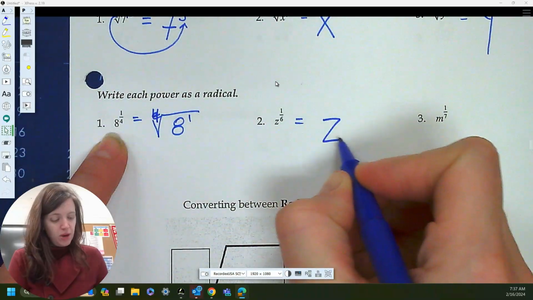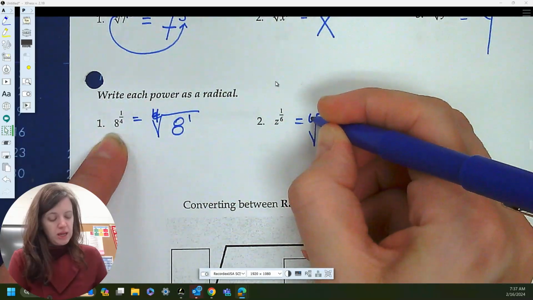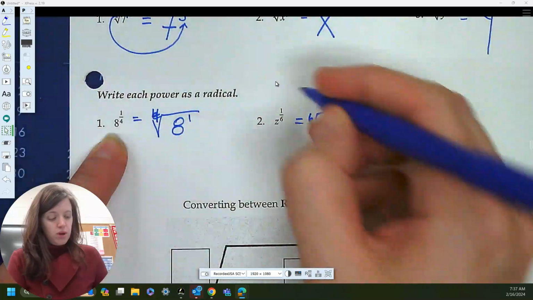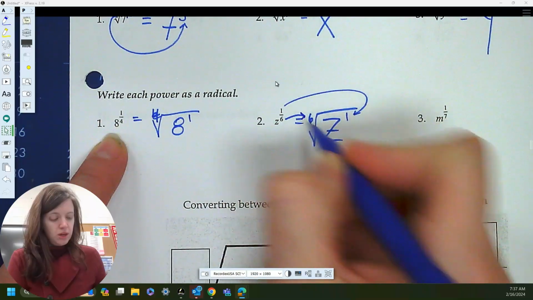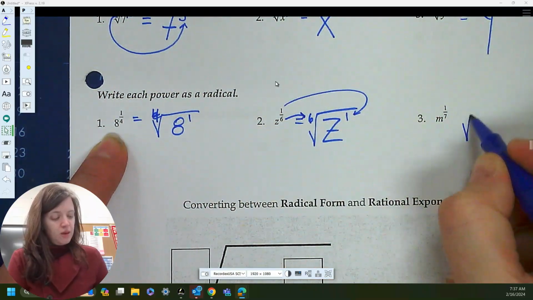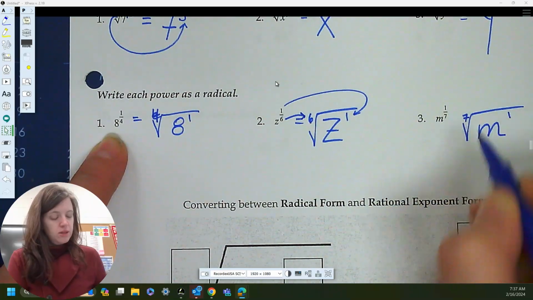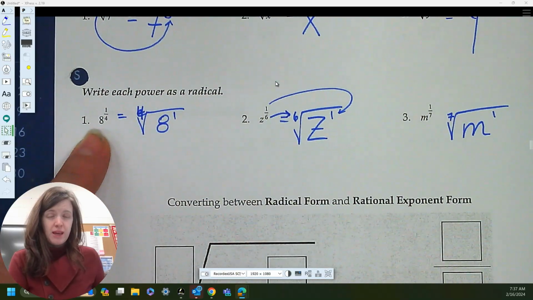Z is the big number under the radical symbol. 1 is the exponent. 6 is the index. So 1 goes here, and 6 goes here. And then we have m to the 1, and the 7th root of m to the 1 is the same as saying m to the 1/7 power.